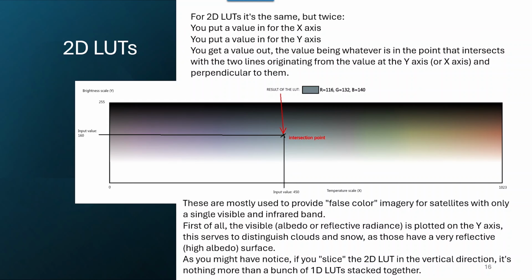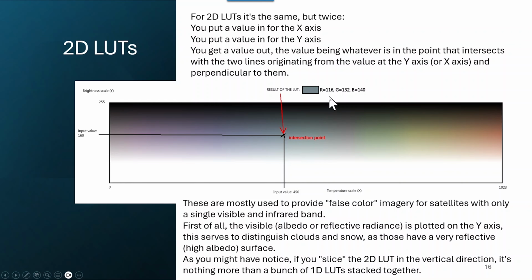So here we have an example of a 2D LUT. For 2D LUTs, it's the same but twice. Put in a value for the x-axis, put in a value for the y-axis, you get a value out. The value being whatever is the point that intersects with the two lines, the x line and the y line.